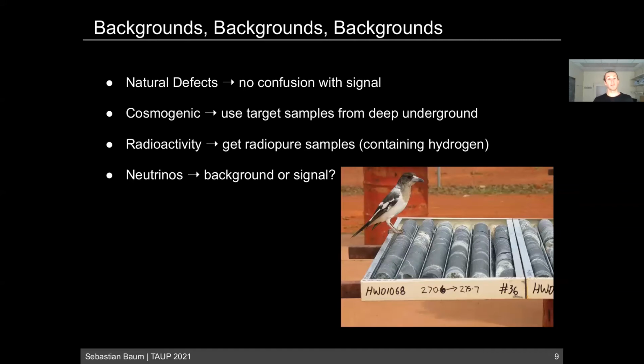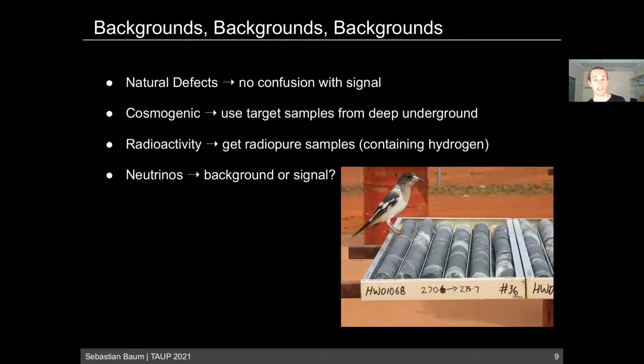Another type of background you might, of course, worry about is radioactivity, right? Any naturally grown mineral will contain some trace amount of uranium, etc. Again, the way you would deal with radioactivity is similar to a conventional direct detection experiment. You would try to reduce the amount of radioactivity in your target material as much as possible by using radiopure samples.